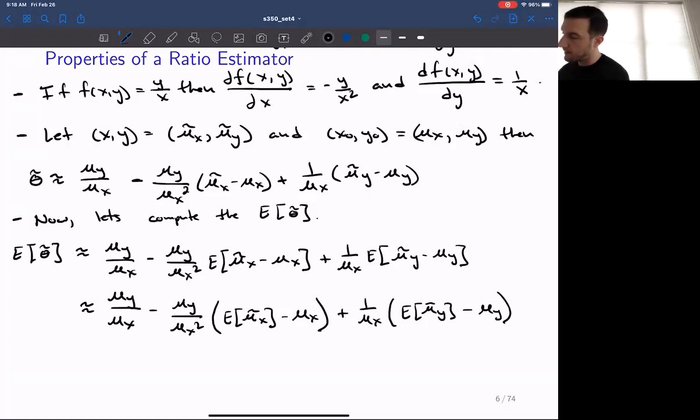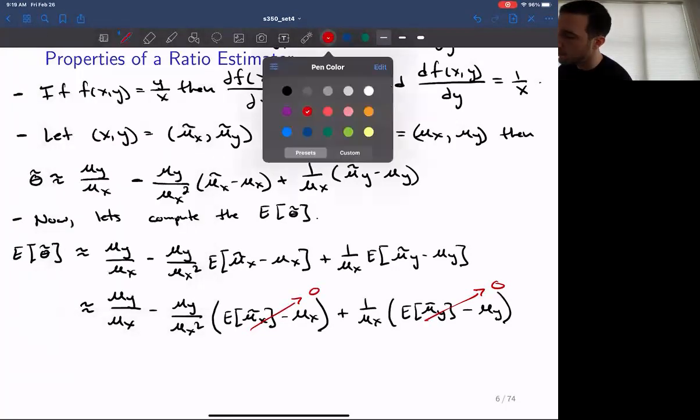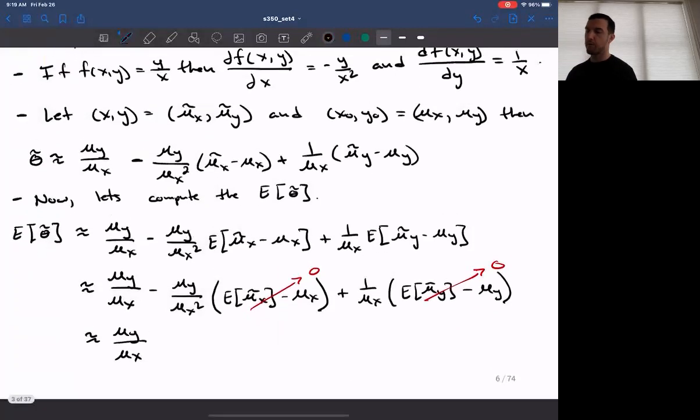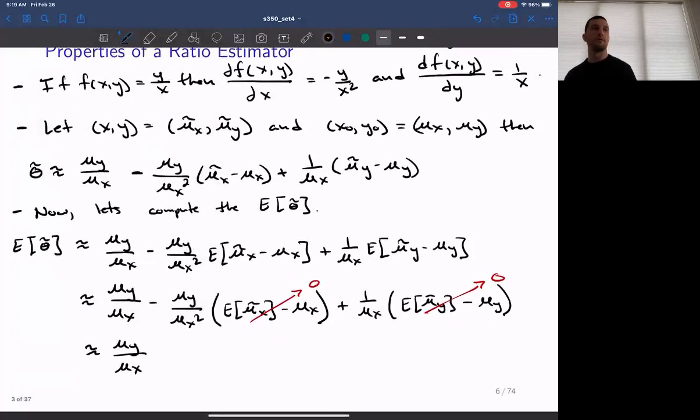Okay, and then we can see that these terms here are both going to go to 0 because the expected value of mu tilde y is mu y. We're using simple random samples, and we've already derived the expected value of the estimator of the mean in the SRS case. We know that it's unbiased. So both of these terms will go to 0. And then through those simple cancellations, we can show that the expected value of the ratio estimator is approximately equal to mu y over mu x.